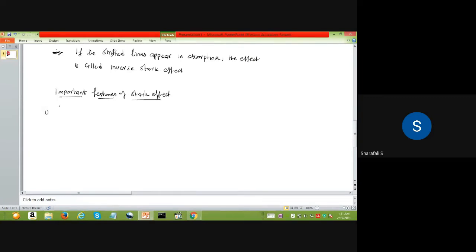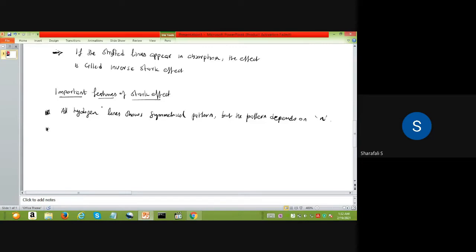The first point is that all hydrogen lines form a symmetrical pattern, but the pattern depends on the quantum number n. We will discuss that later.